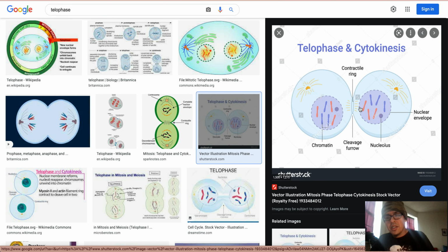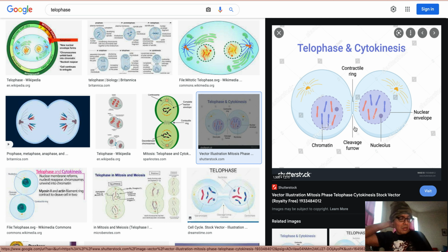So what happens is there's this pinching off that occurs, this constriction ring between the cells, and then at that point, cytokinesis, which is a part of telophase, occurs, right? So this contractile ring appears, or cleavage furrow, as it's biologically referred to by many scientists.